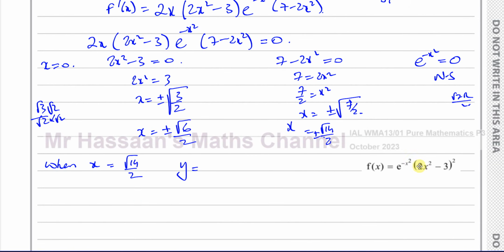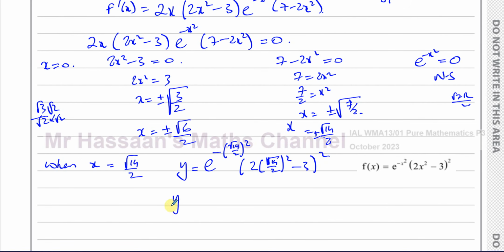So there's our y equation. We're going to replace the x with root 14 over 2. So you have e to the power of minus root 14 over 2 squared times 2 times root 14 over 2 all squared minus 3, and then that's squared.